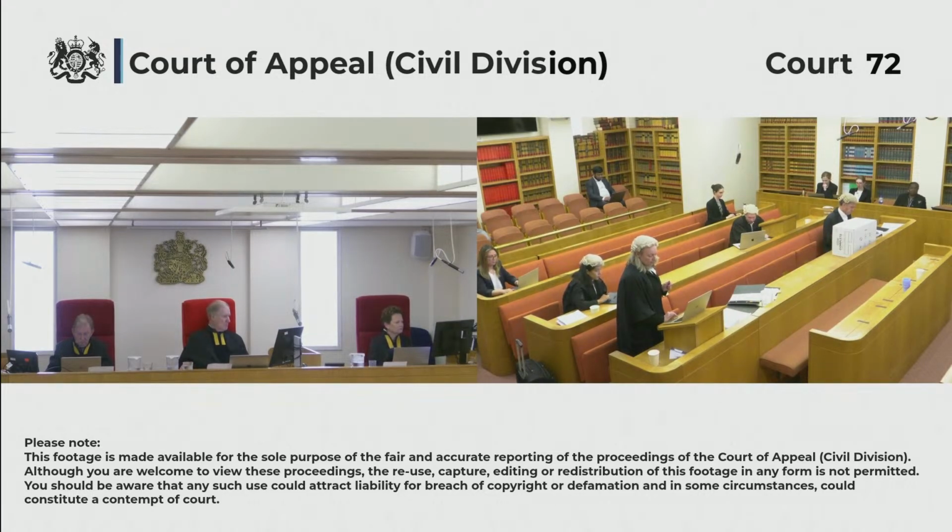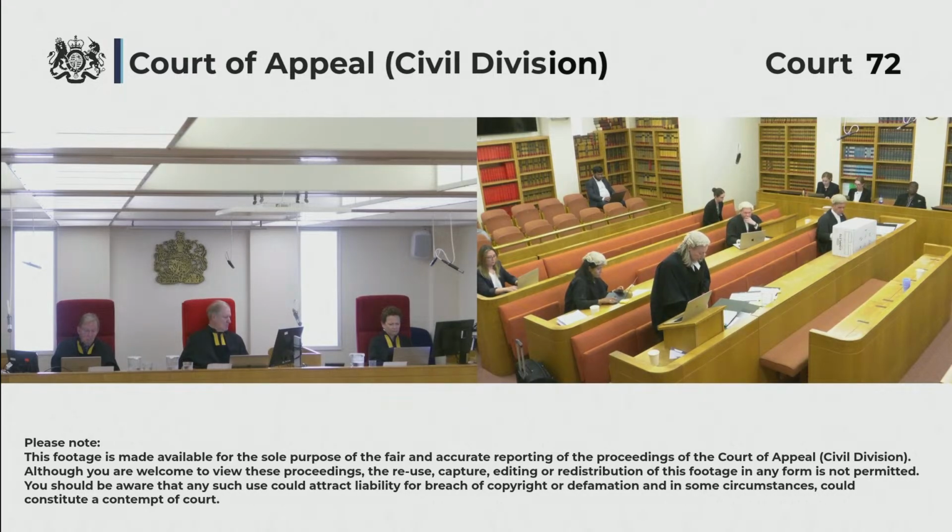Once an individual has been removed, there is no right of appeal overseas. So even if the certificate was then quashed, so the certificate disappeared, an individual wouldn't then have a right of appeal from overseas. And the reason for that is contained in section 92 of the Nationality, Immigration and Asylum Act 2002, which is at tab 4 of the Supplementary Authorities Bundle.